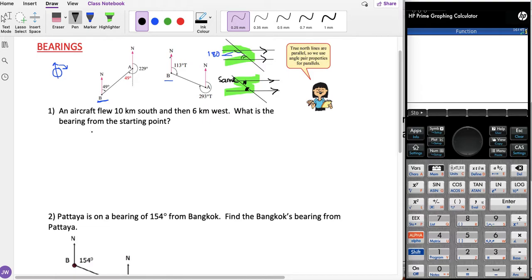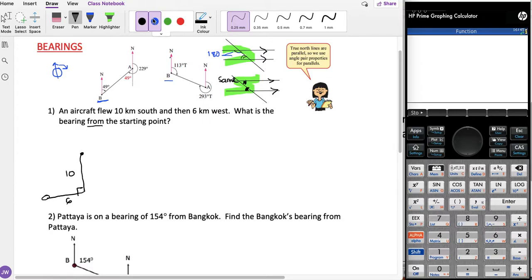We've got an aircraft that flew 10 kilometers south and 6 kilometers west. What is the bearing from the starting point? The starting point is here, and the airplane is here now. From is your most important word.